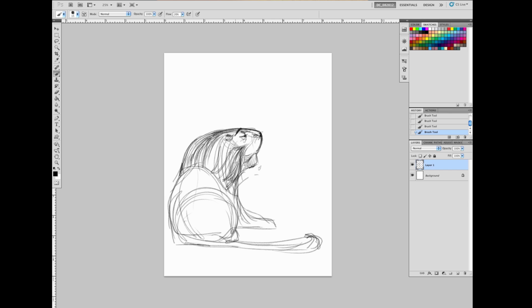So I'm drawing around the form here. You can feel how it goes around the form, right? And you see how I kept that whole attitude. That's what I was really focused on the whole time.